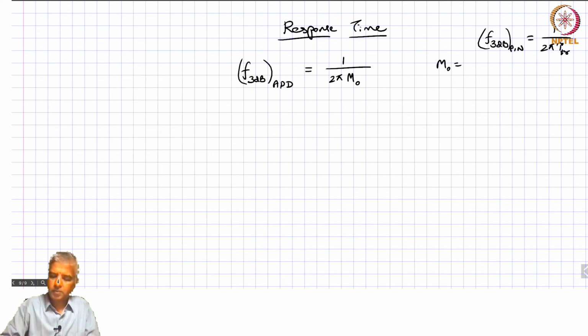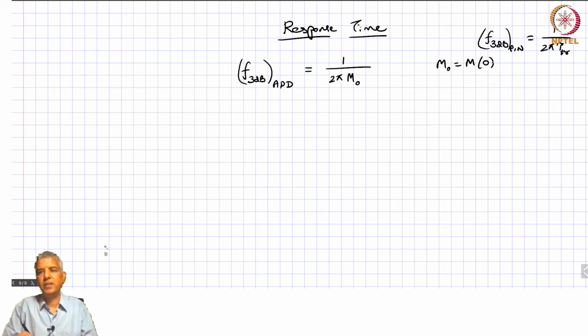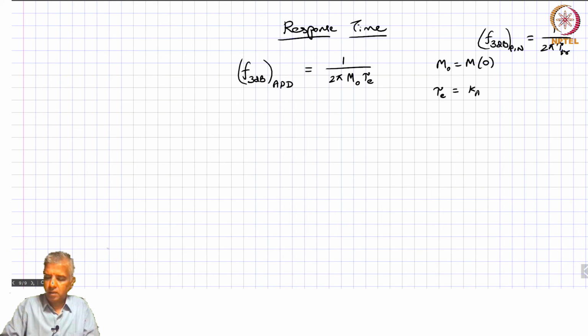M naught is basically the gain at 0 frequency, at DC. That's the multiplicative gain multiplied by some time constant, and that time constant you can call tau e, the effective time constant. And it turns out this effective time constant can be approximated as Ka multiplied by tau Tr.